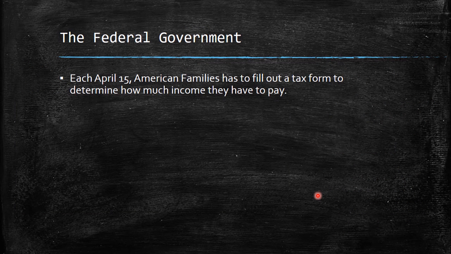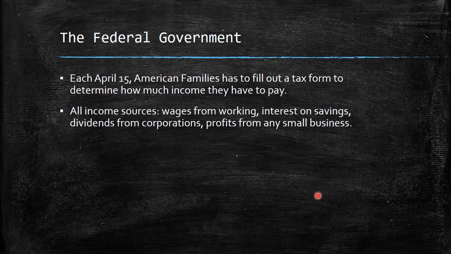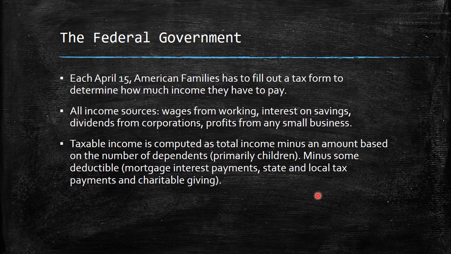And here, just to have a little more information, each April 15th, American families have to fill out a tax form to determine how much income tax they have to pay. They have to declare all income sources, for example wages from working, interest on savings, dividends from corporations, and profits from any small business they have.